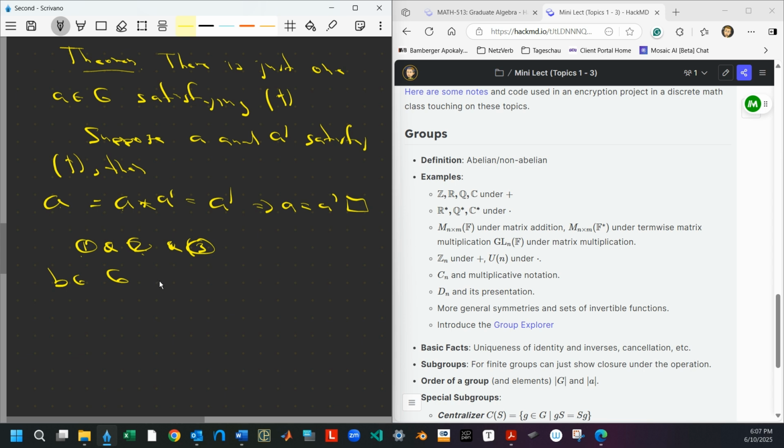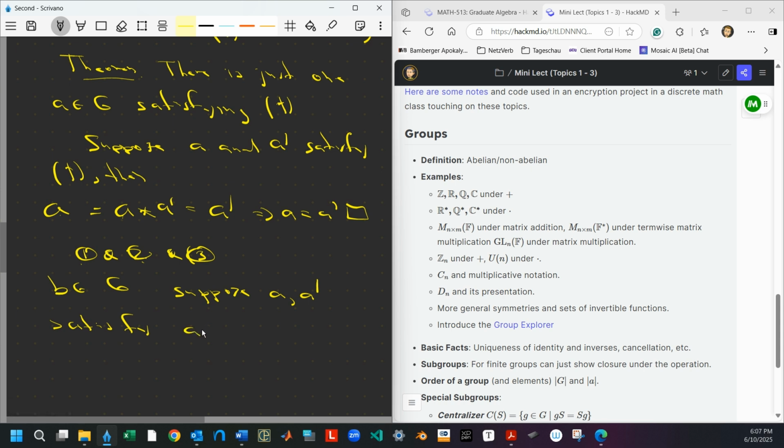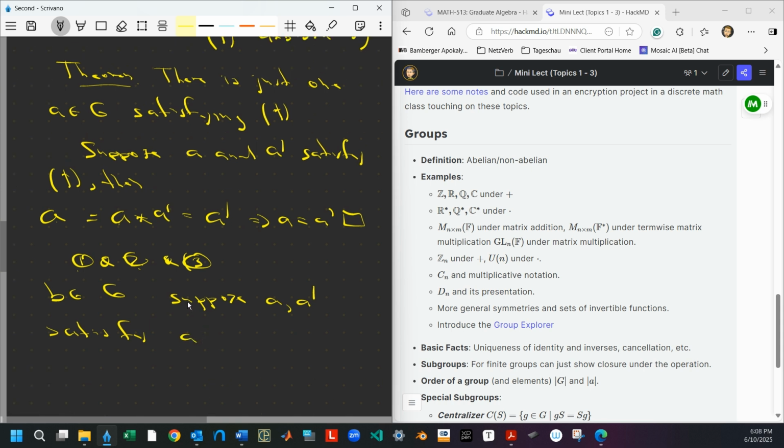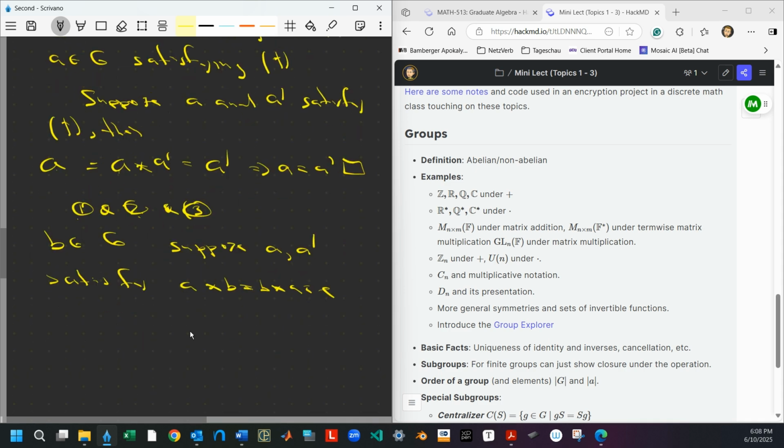So we have B in G. Suppose there were two inverses, A and A prime, satisfying: A times B equals B times A equals E. Remember, identity is unique, so I can just say that. And also A prime times B equals B times A prime equals E, right?